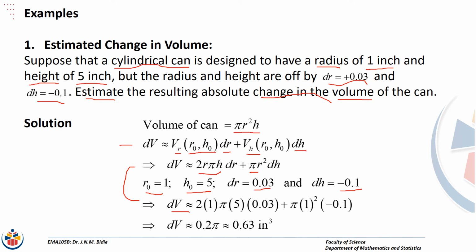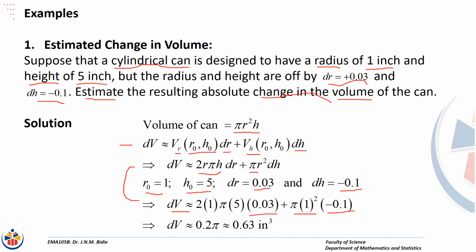Then our initial H is 5, multiplied by dr, which is 0.03. And then we go to the second term, we've got pi, and R naught is 1, so we've got 1 squared, multiplied by dH, which is negative 0.1. And then you get your solution.